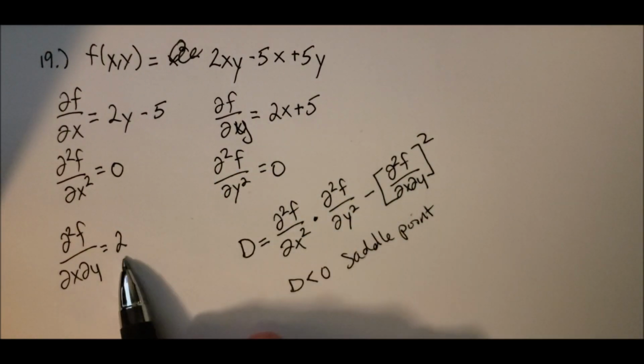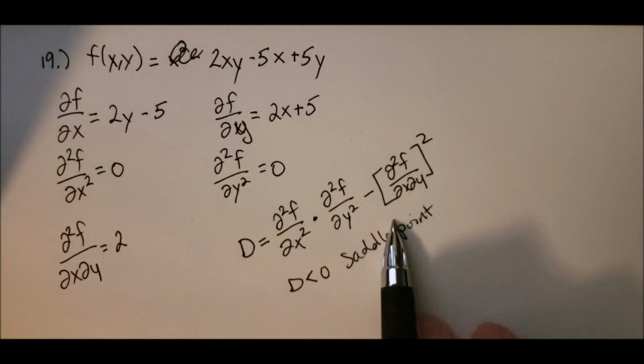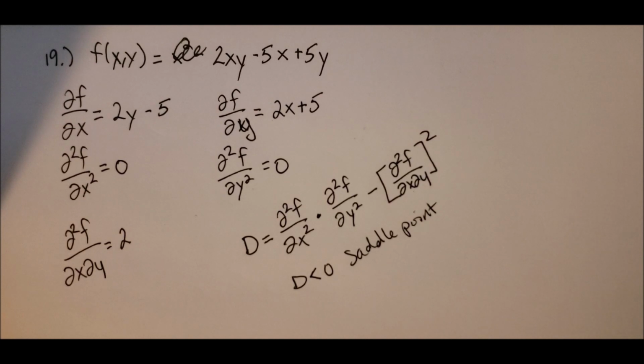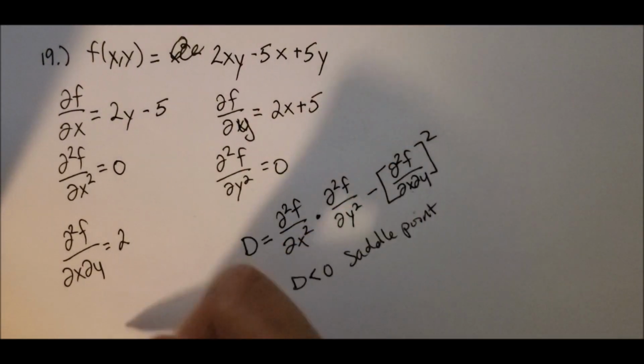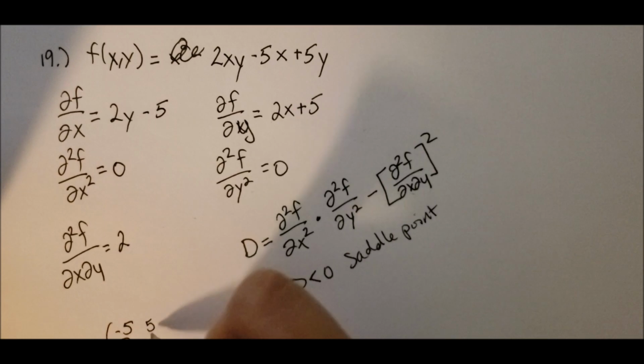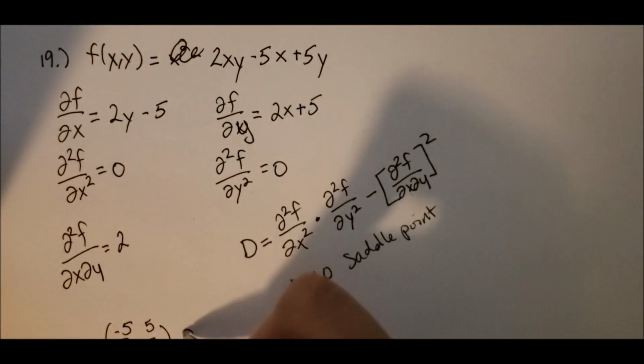And here I have 0 minus 4, it's 2 squared, so we have a saddle point. The critical point is at negative 5 halves, 5 halves. It's a saddle point.